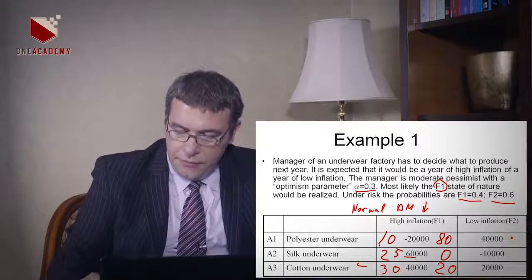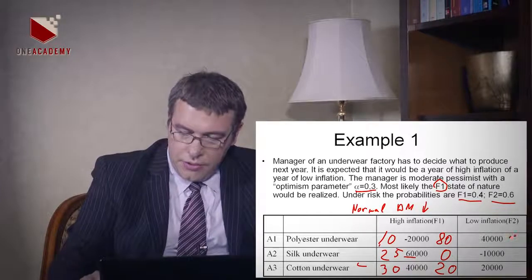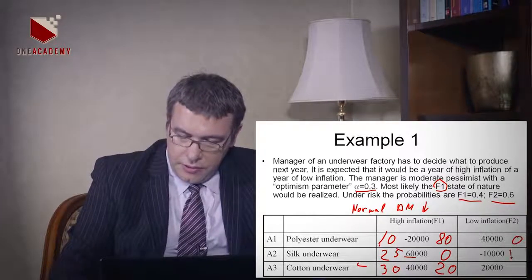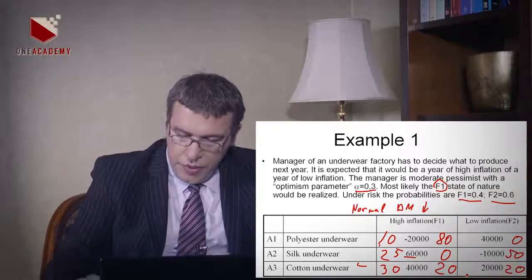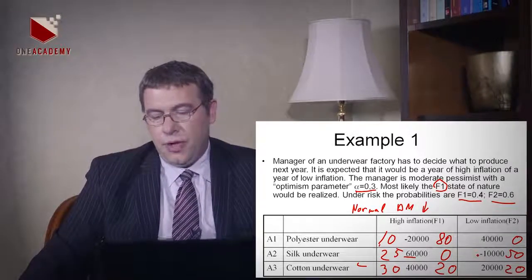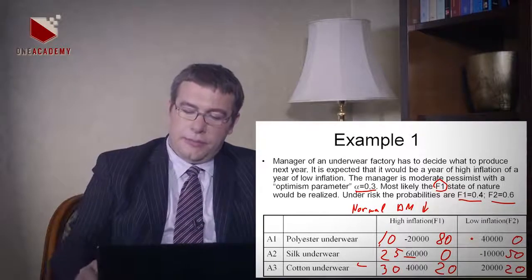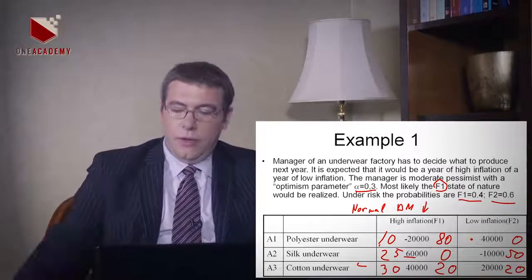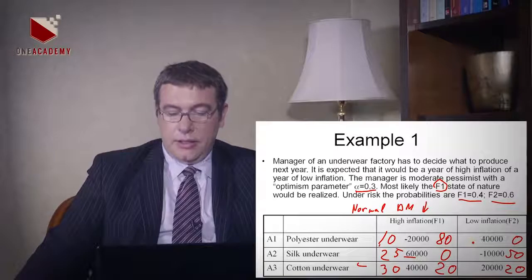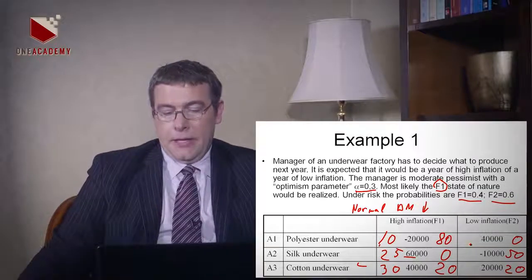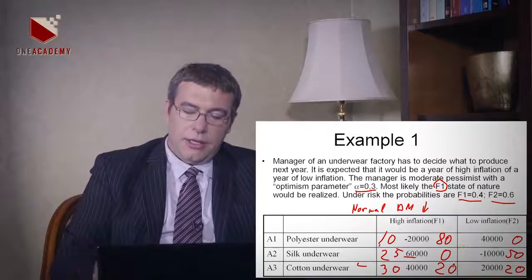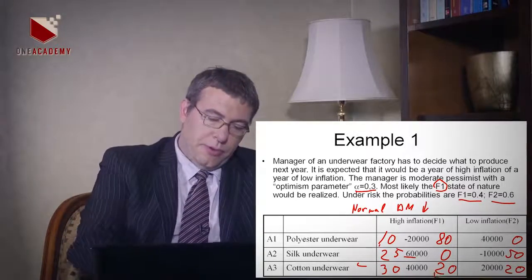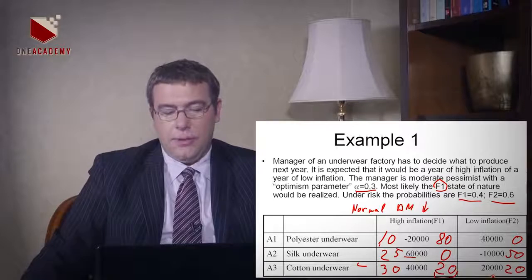It would have 0 here, 50 here, and 20 here. Then in the new matrix we apply the Wald decision rule, the min-max, and we end up with the best possible alternative being cotton underwear.